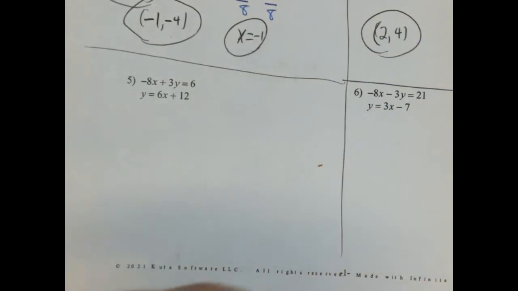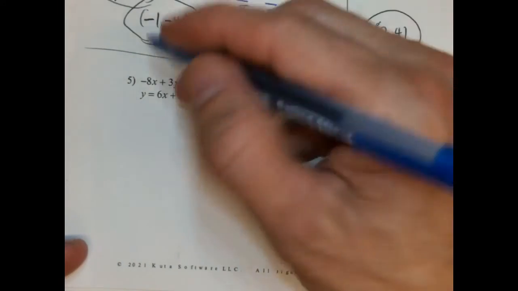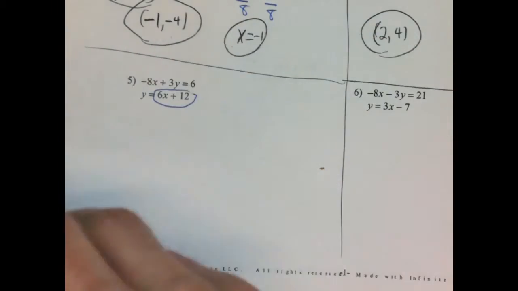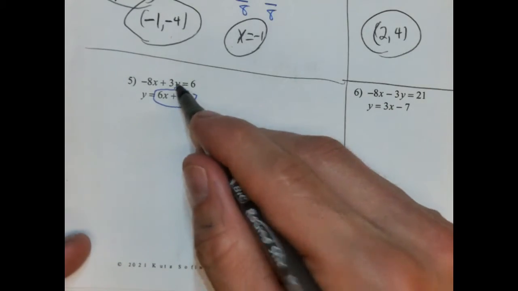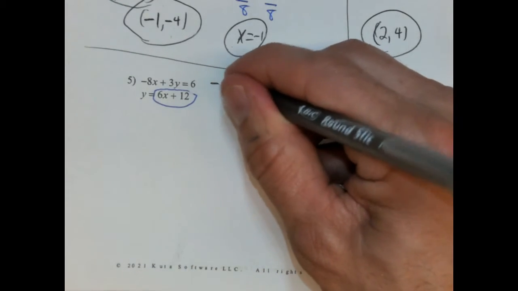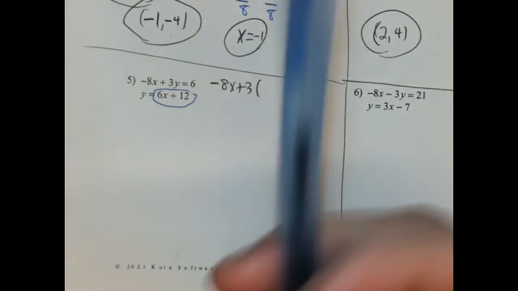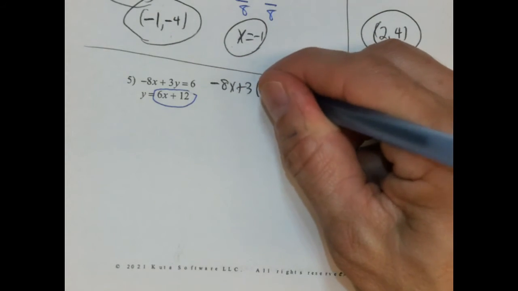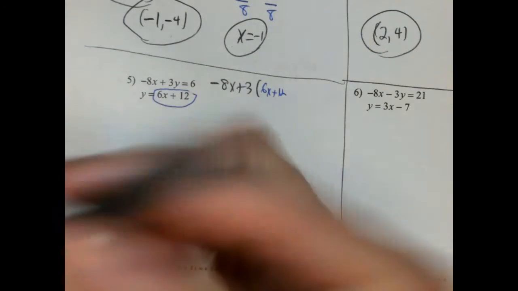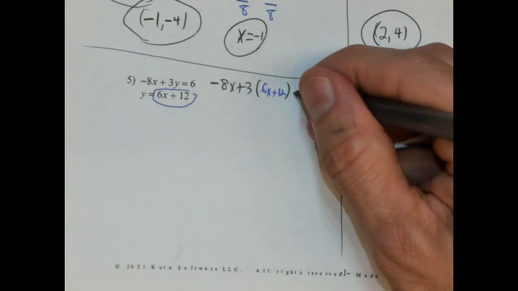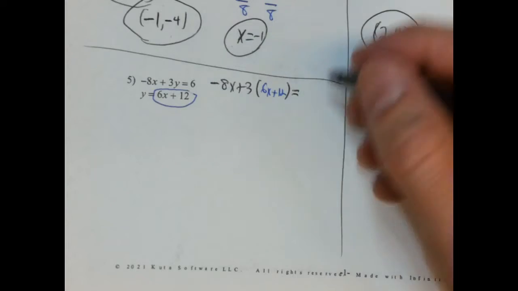All right, so we have our expression here, 6x plus 12. We're going to plug that in for the y here. So we're going to write -8x plus 3, and then parentheses 6x plus 12, equals 6.